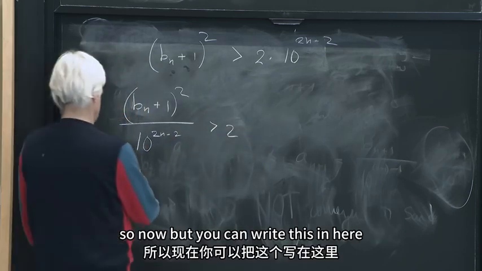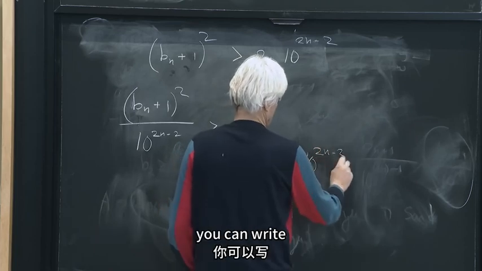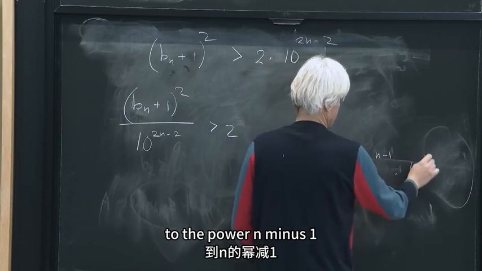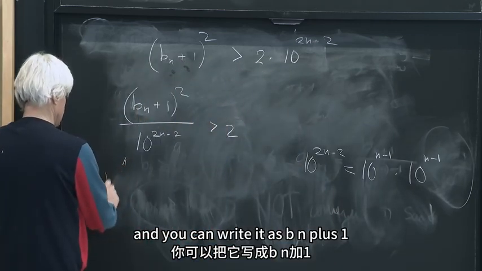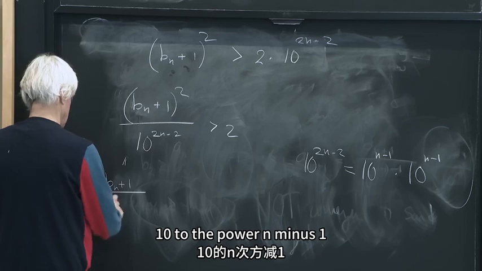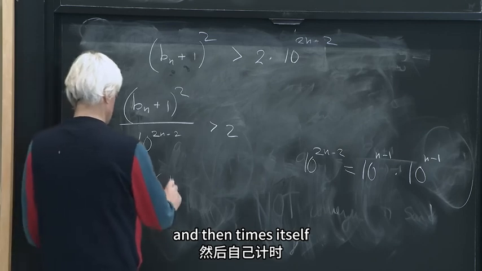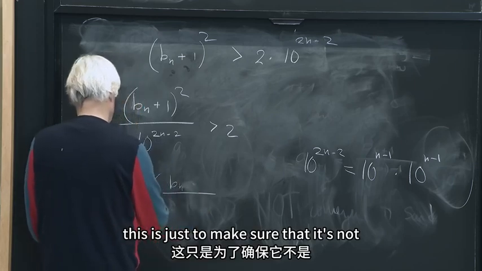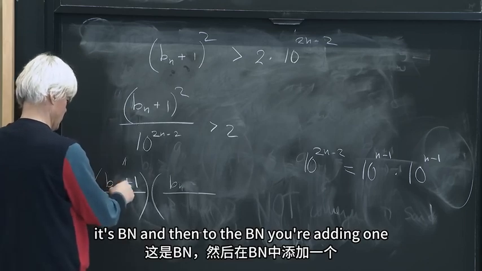Now, this denominator, 10 to the power 2n minus 2, you can write as 10 to the power n minus 1 times 10 to the power n minus 1. So in this way, you can split this up, and you can write it as bn plus 1 over 10 to the power n minus 1, and then times itself. This is just to make sure that it's bn, and then to the bn you're adding 1.